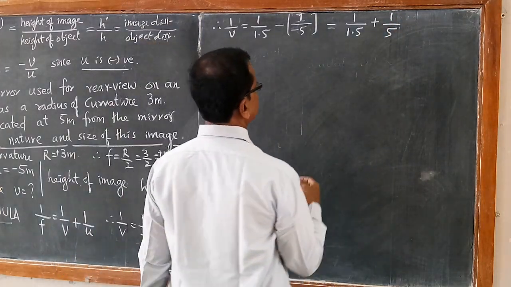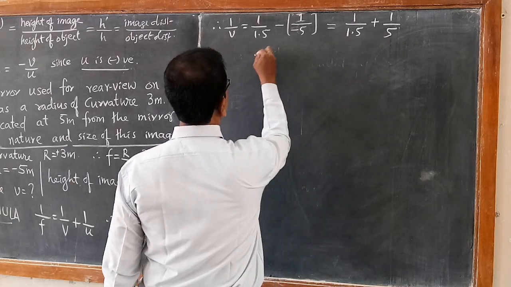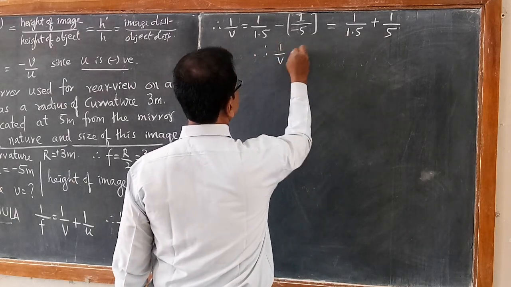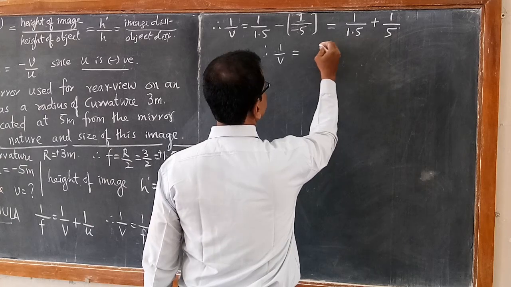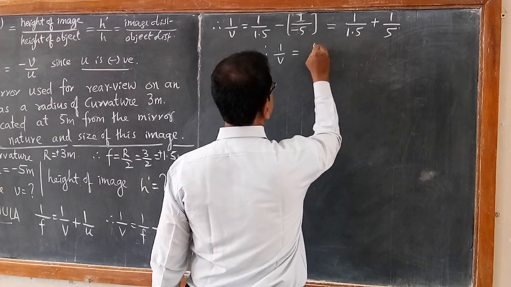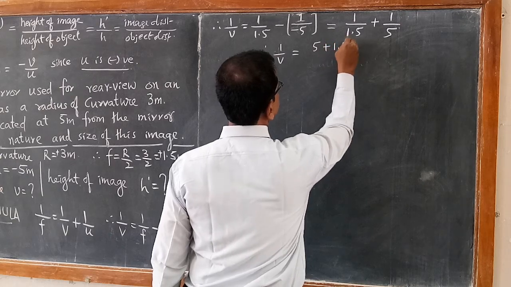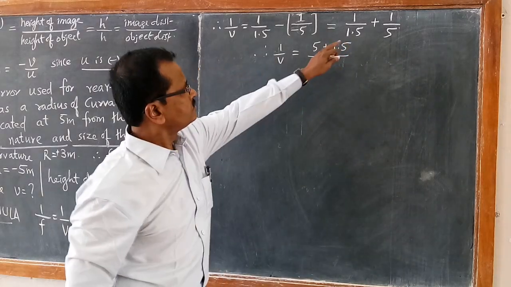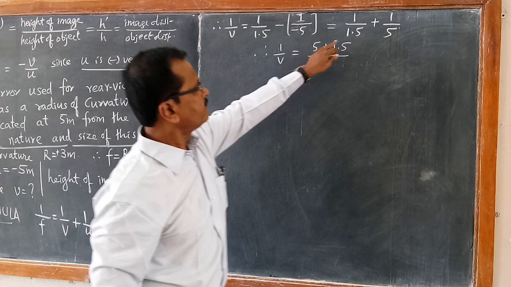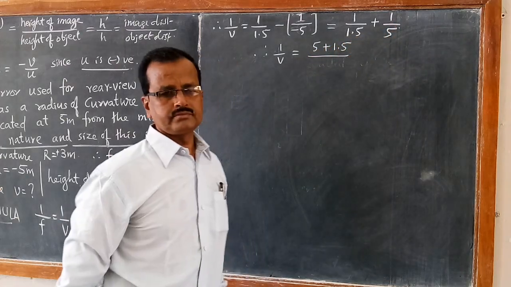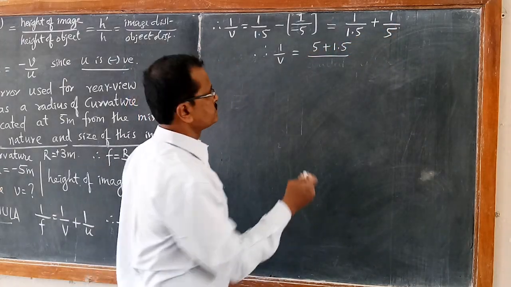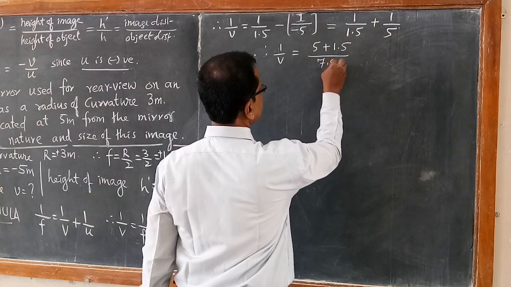Simplify this. Therefore, 1 by v equal to 5 plus 1.5 over 1.5 into 5, which is 7.5.